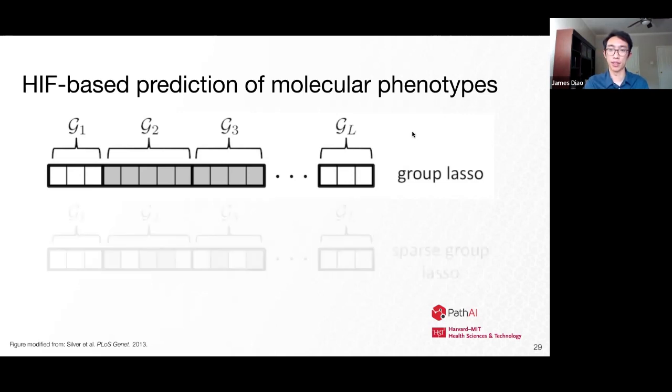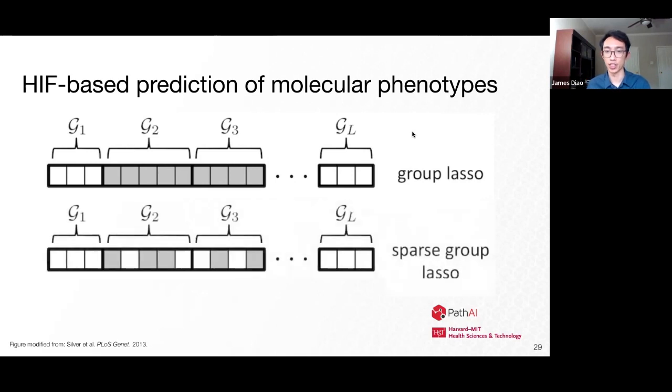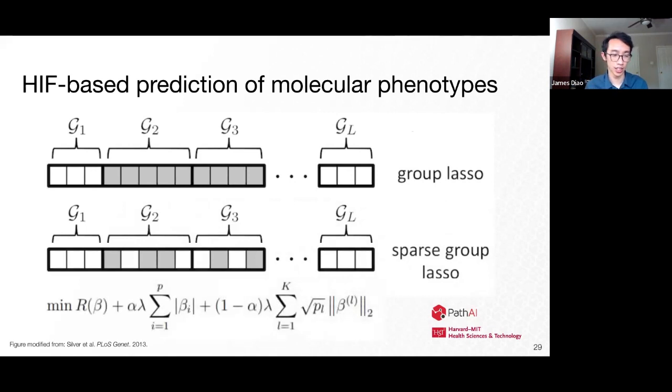But then it also means that we want to be able to drop within each cluster as well. So there's a method for that called sparse group lasso, which is essentially just a linear interpolation between the additional cost function for the group lasso and for just the vanilla lasso. And unfortunately that requires a good amount of hyperparameter tuning.